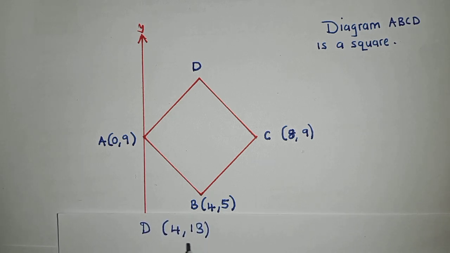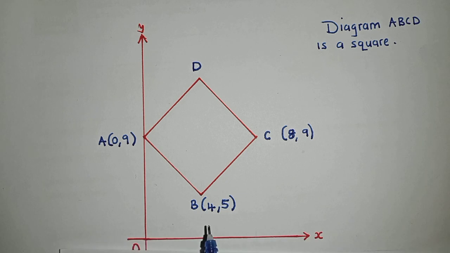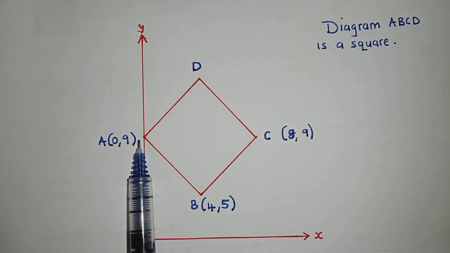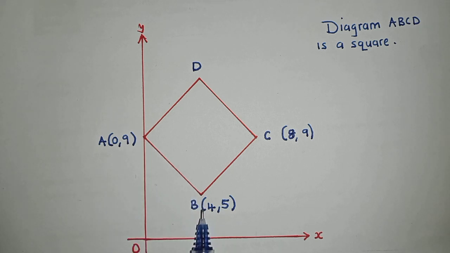I managed to find them by looking at the distance from where the shape starts up to where B is. So it's 4, because our x-axis here is 4.